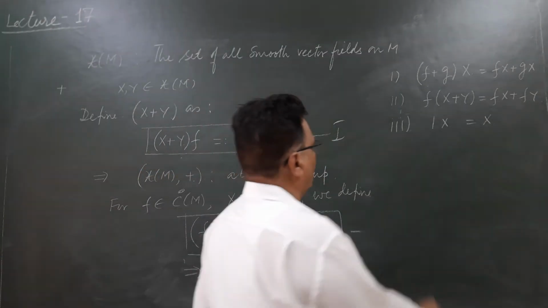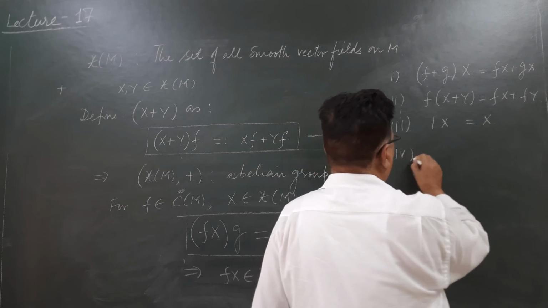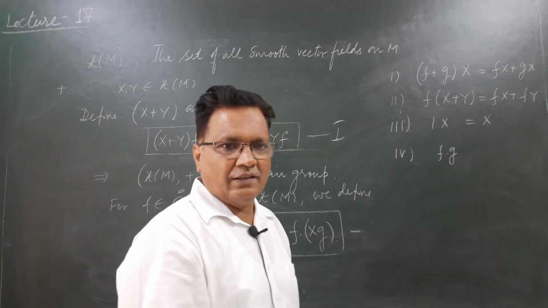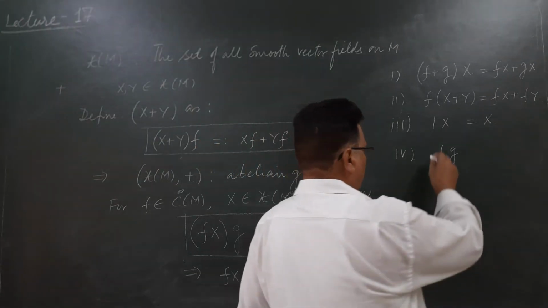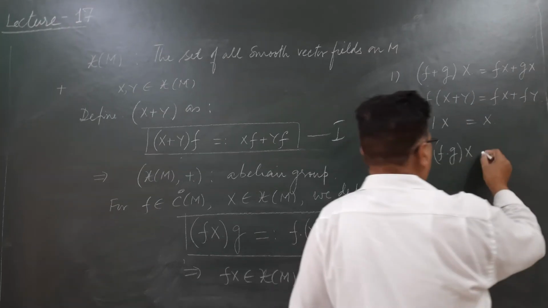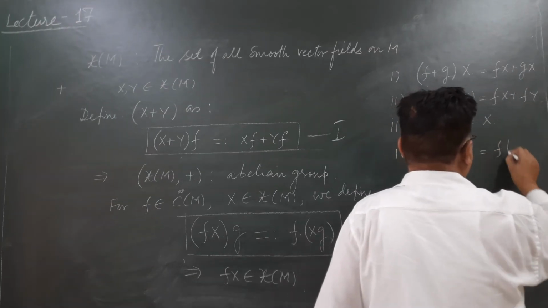Okay, and number 4, if you multiply two function f into g, you will get another real valued function, and this real valued function, when it multiplies with x, it gives me f into g x.